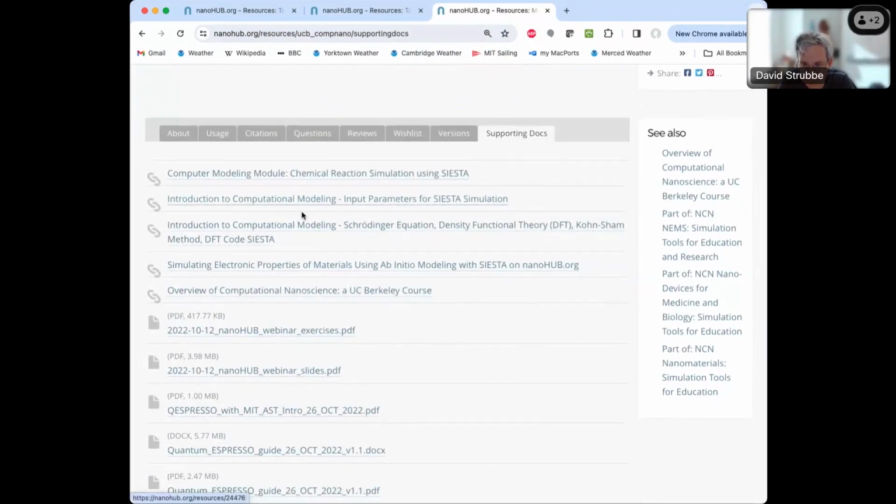For example, you can see this thing here that says introduction to DFT, Quantities method, etc. Also here, this is the whole overview of computational nanoscience. That's the original course this was developed for, which has lecture slides about all of the different computational methods, with a lot about DFT.